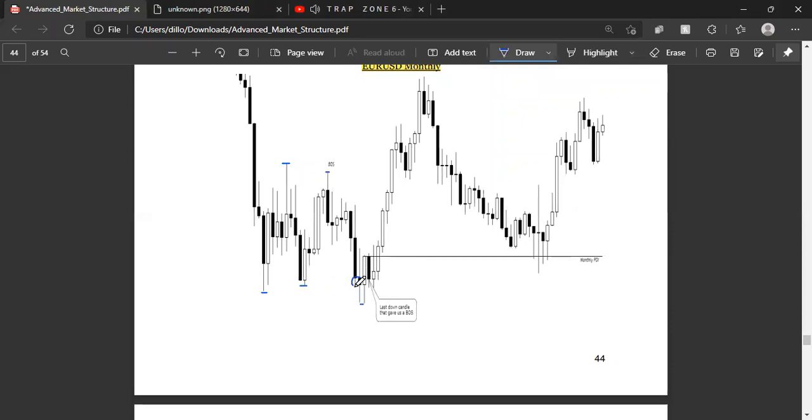And these bodies are still kind of respecting these lows, right? So there's no direction. There's no break of structure in this area, so we just sit on our hands and wait.